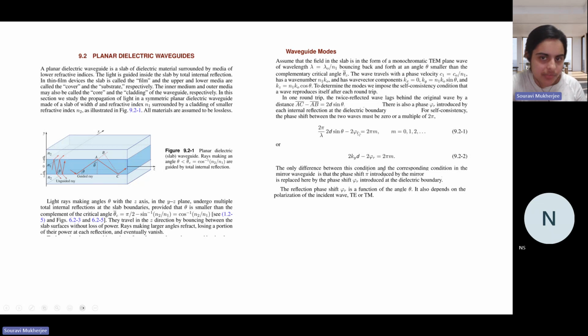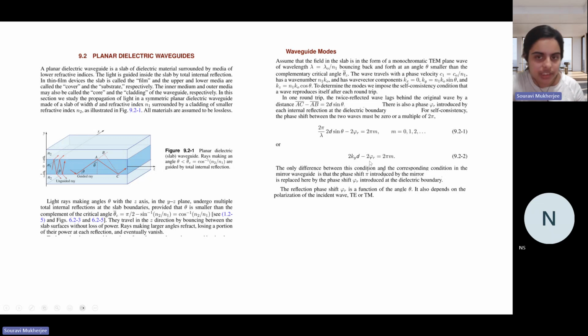If that phase is given as phi r, it has gone through two reflections, so 2 phi r, and this total phase that it has acquired should be an integral multiple of 2 pi. Only then the self consistency condition would be satisfied. And from here you get a relation of the transverse wave components. Okay, so the transverse wave component should satisfy this relation, right?